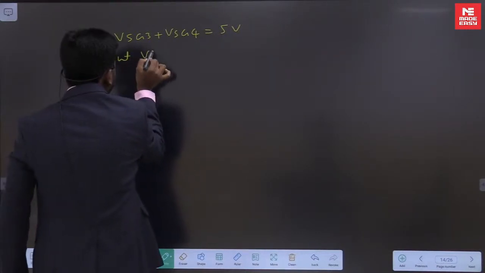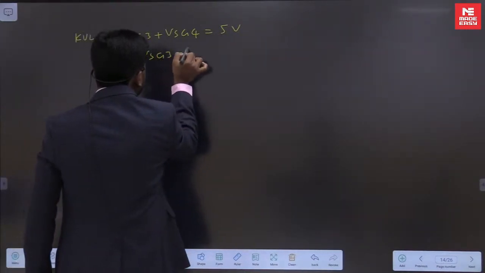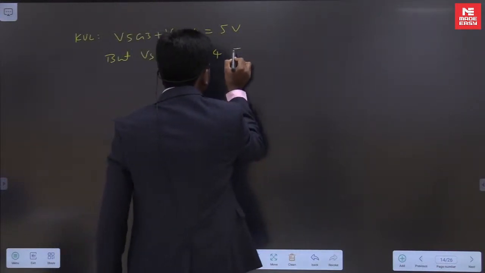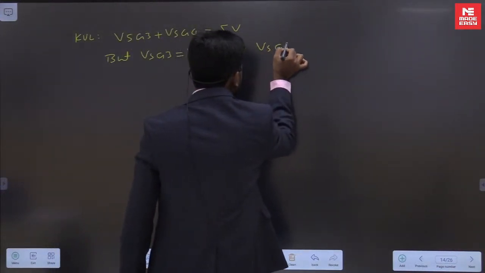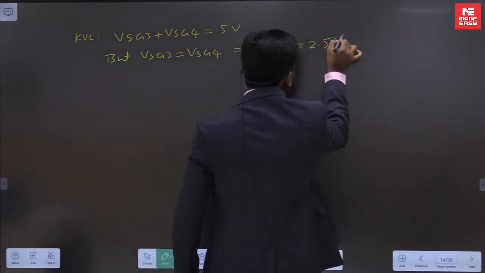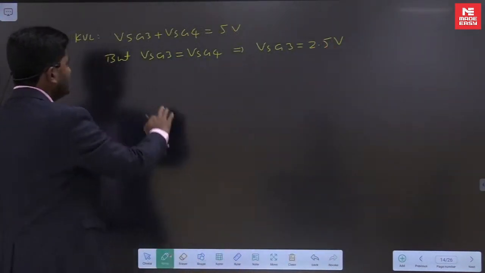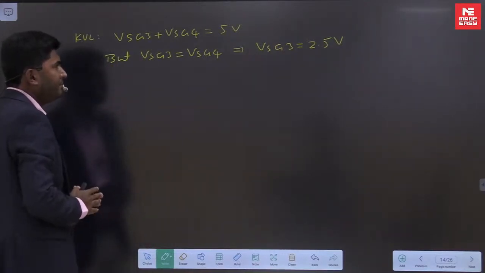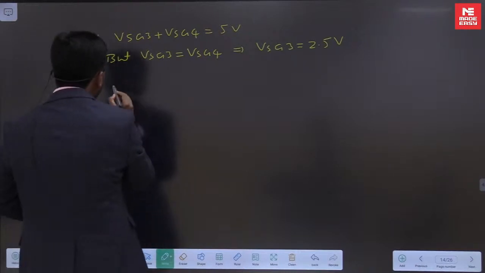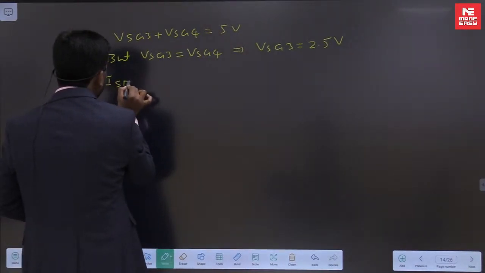But VSG3 is equal to VSG4. So in this way you can say VSG3 will be how much? 2.5 volt. VSG3, VSG4 will be the same. So each voltage should be how much? 2.5. Now calculate current ISD.